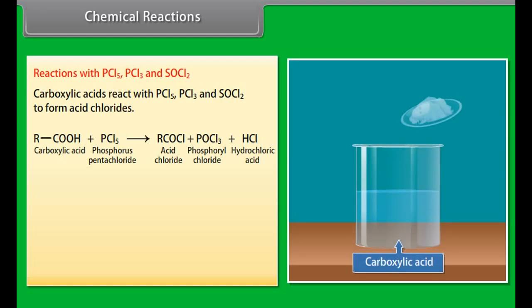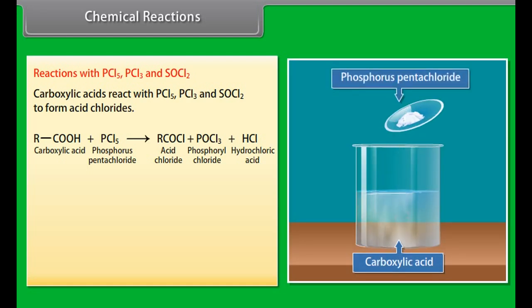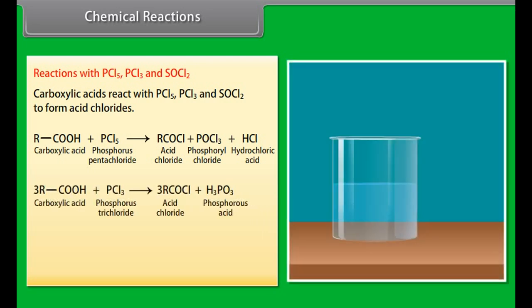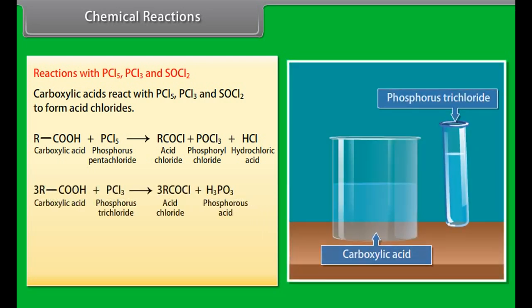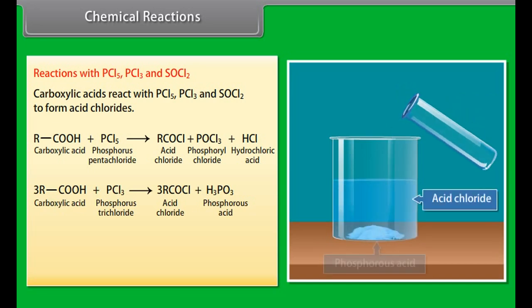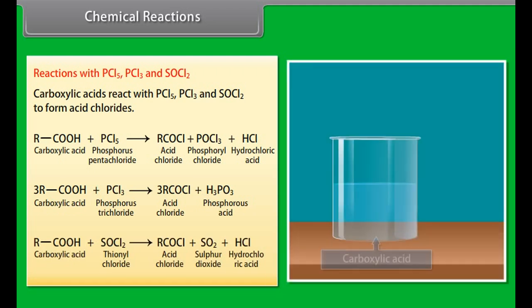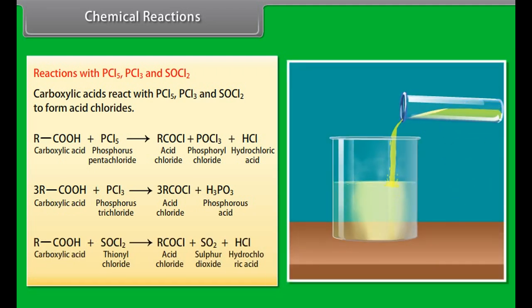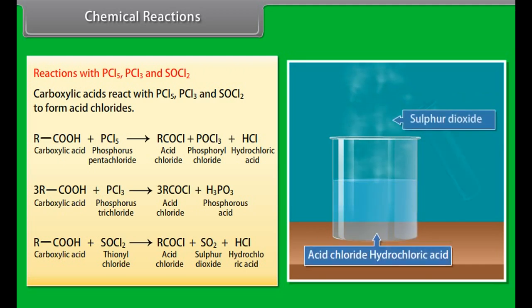Carboxylic acid reacts with phosphorus pentachloride to form acid chlorides, phosphoryl chloride and hydrochloric acid. Carboxylic acid reacts with phosphorus trichloride to form acid chlorides and phosphorus acid. Carboxylic acid reacts with thionyl chloride to form acid chlorides, sulfur dioxide and hydrochloric acid.